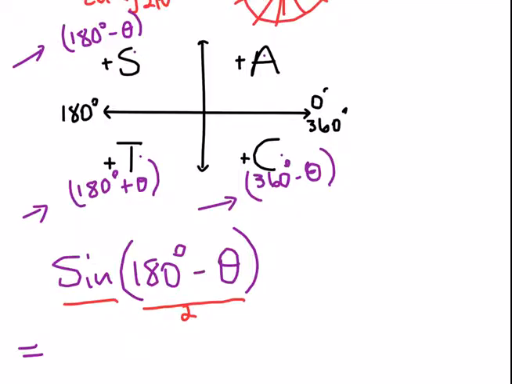It is definitely positive. You can see by the CAST diagram, it is positive. Then it means instead of having 180 minus that, you will just rewrite it as positive, because in that quadrant it's positive, and then it's sine of the angle. Then you are done. That's how easy it is. Nothing complicated. Just like that, you are done.